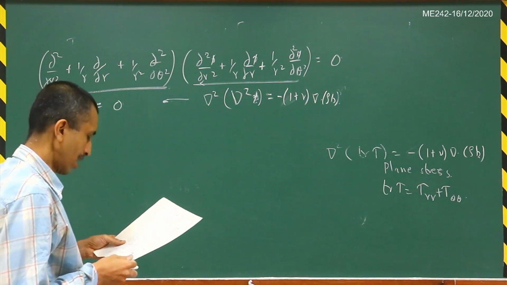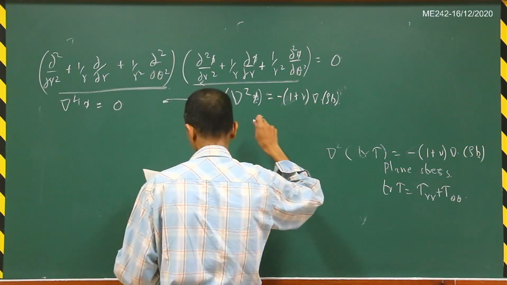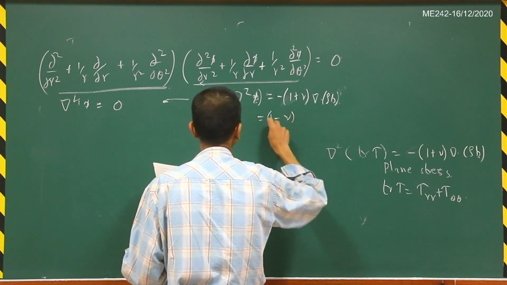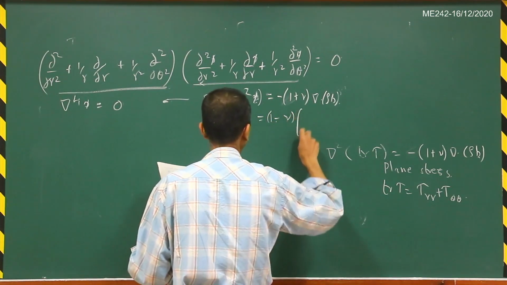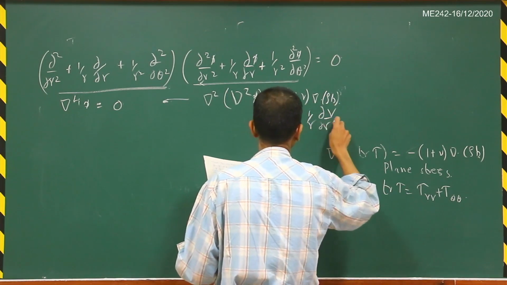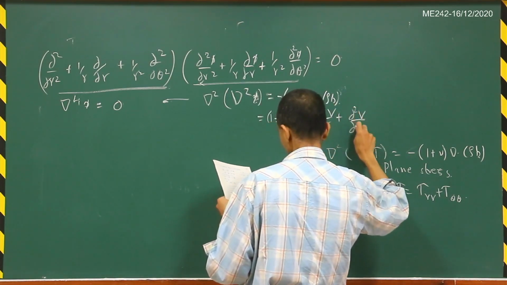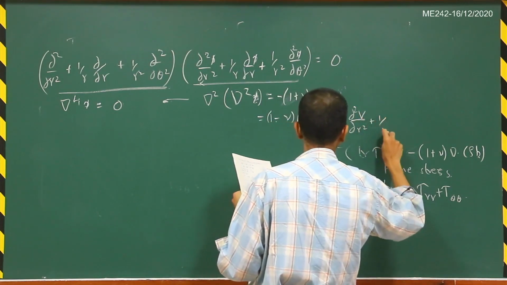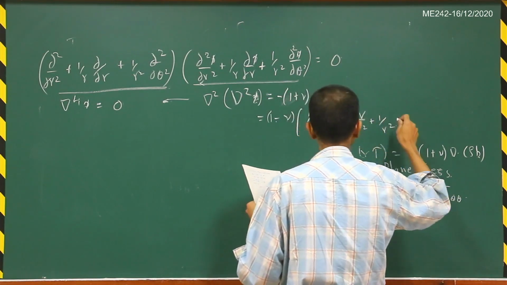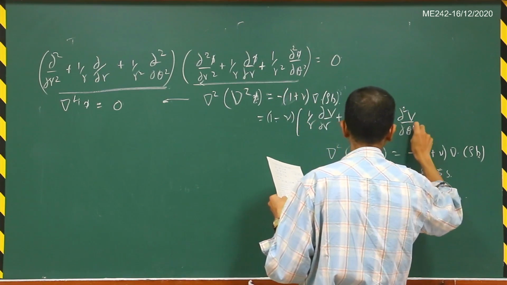Let us see. If you simplify, this will become 1 minus nu times 1 by r del v by del r plus del square v by del r square plus 1 by r square del square v by del theta square.